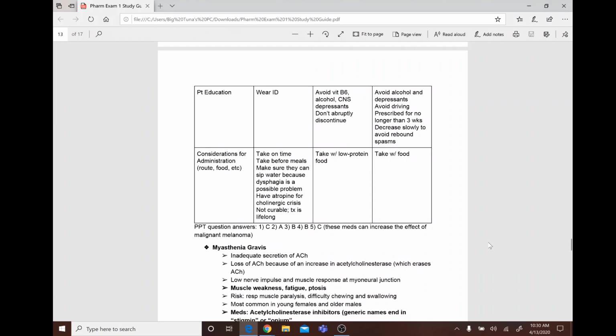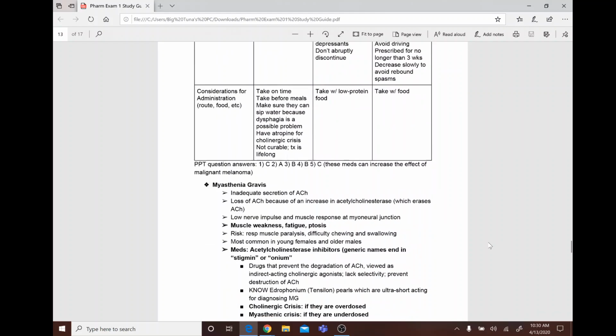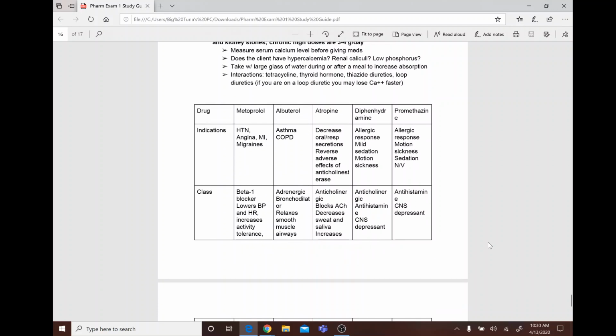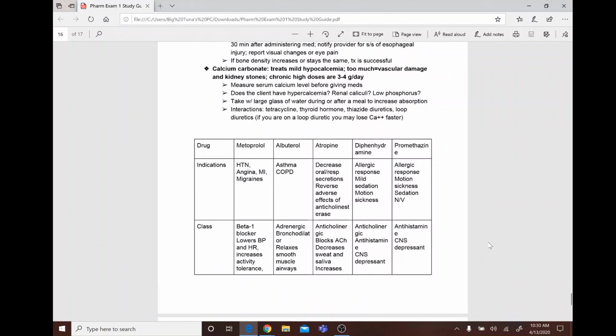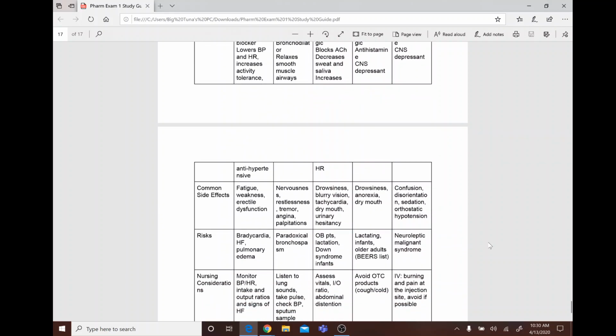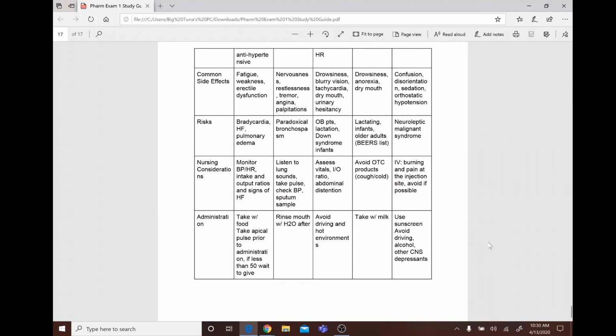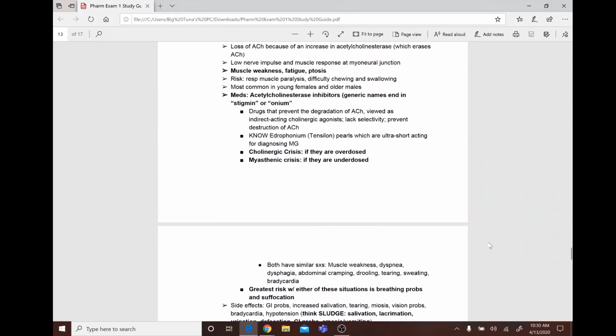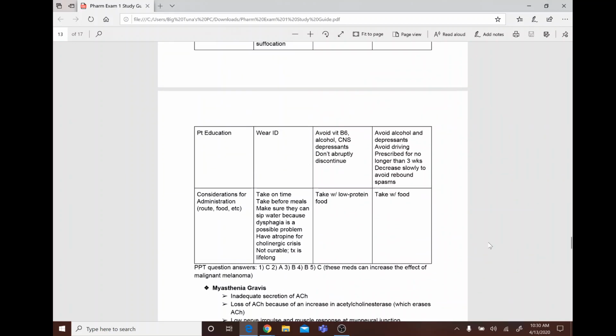What are the considerations for administration when taking carbidopa or levodopa? Take with low protein food.